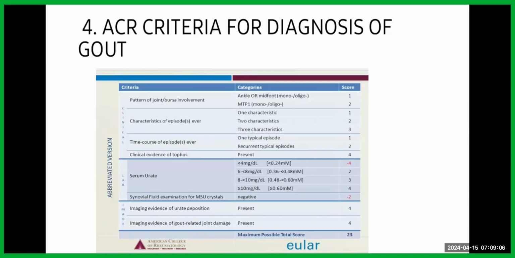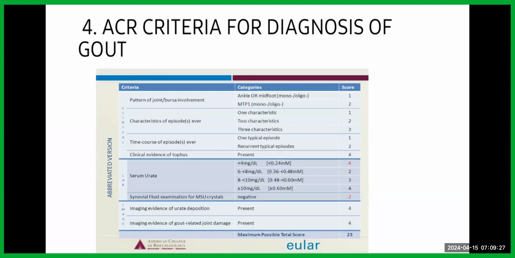One of the earliest criteria was made in 1977, but more recently, in 2015, the criteria was revised. So far, that was the only one I have laid my hands on. I don't know whether there is a new criteria, but I asked one of the rheumatologists, he was not sure, but he said he is also aware of this 2015 as the latest.